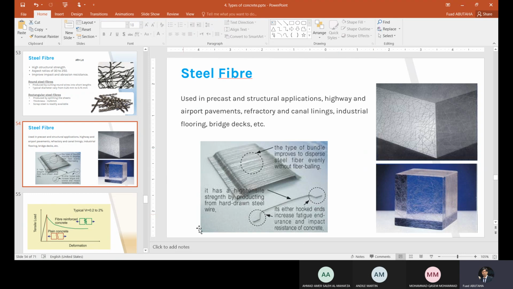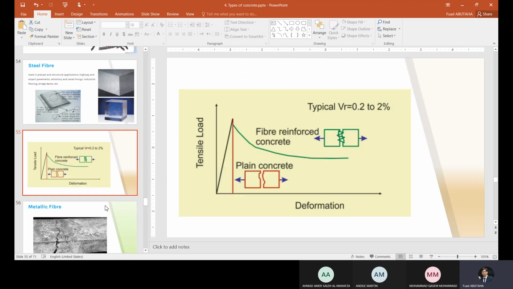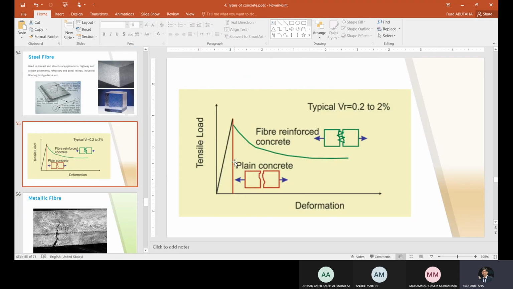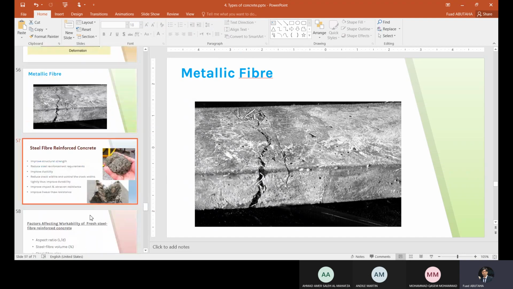Here is where we use fiber reinforced concrete, and this is what we have discussed also. Here, under tensile load with deformation, plain concrete can suddenly fail, but when the concrete has a little bit of fibers, it can make more ductility inside the concrete.